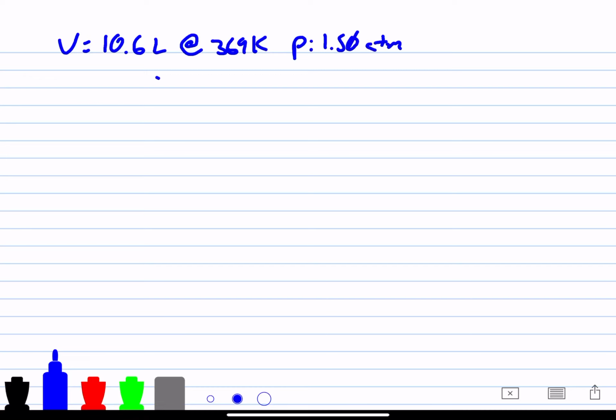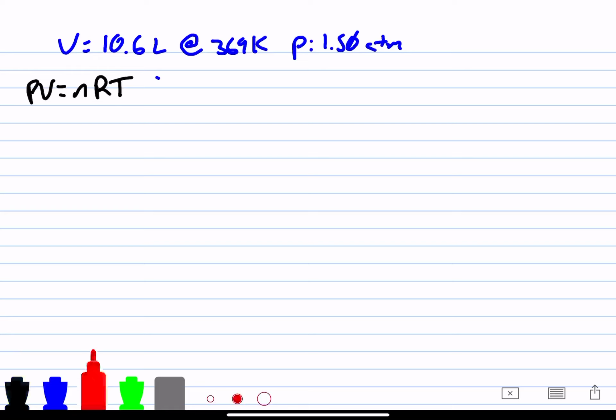Now we're going to let this system come down to standard temperature and pressure. And if you remember, our book defines STP as 1 bar, which is essentially 1 atmosphere, at 0 degrees Celsius. So we can use our PV equals nRT to solve for, again, the number of moles of gas in this balloon.